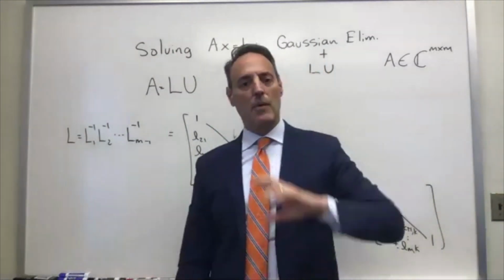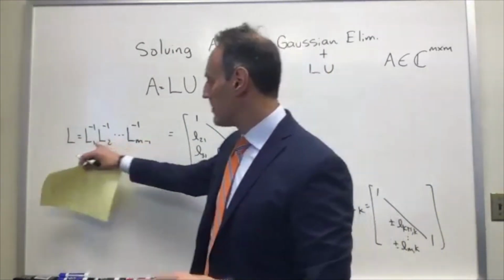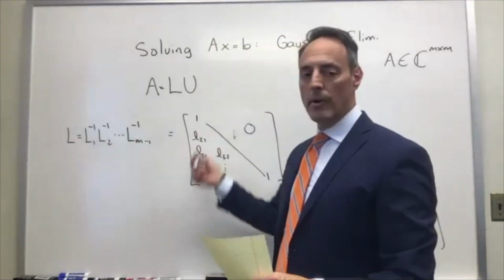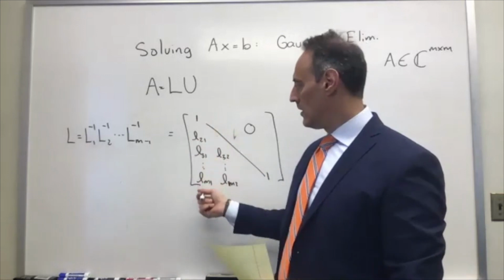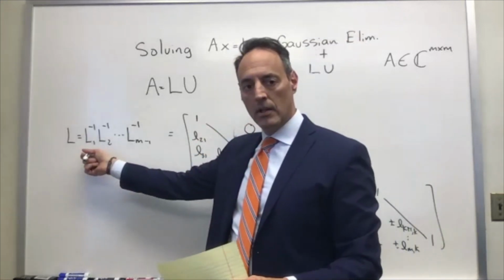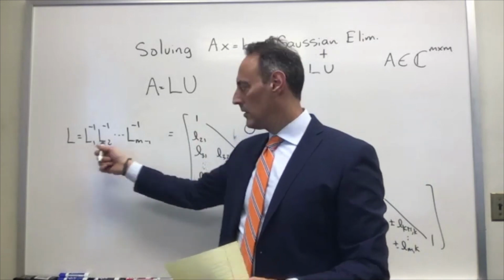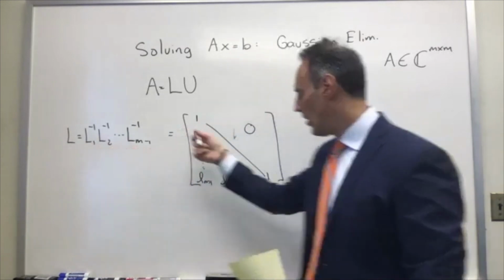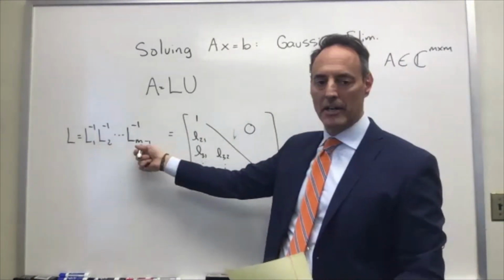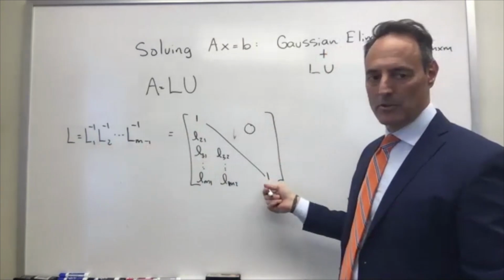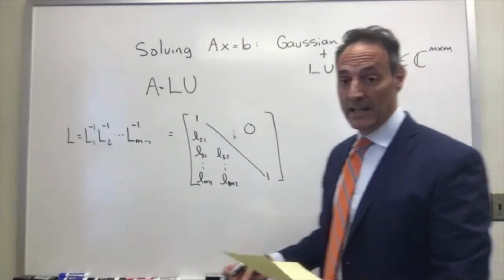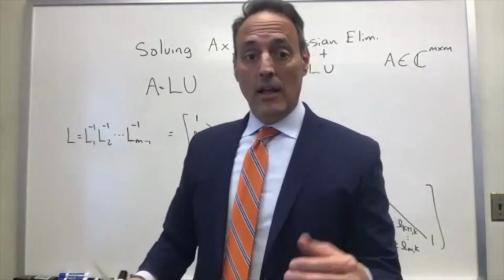When you multiply L1 times L2 times L3, it's recursively going through and zeroing out all the elements below the diagonal, one at a time. Zero out everything below the first diagonal, second diagonal, third diagonal, all the way through. And of course, at the last column, you don't need to do it. That's why it ends at M-1, because once you're at the last column, you just leave it. So there you go. That is LU decomposition.